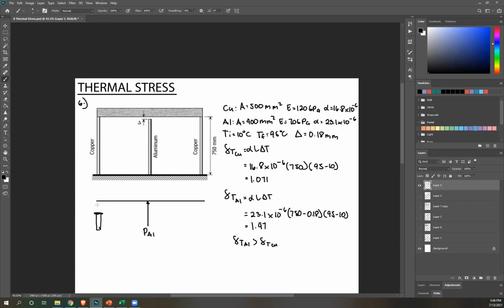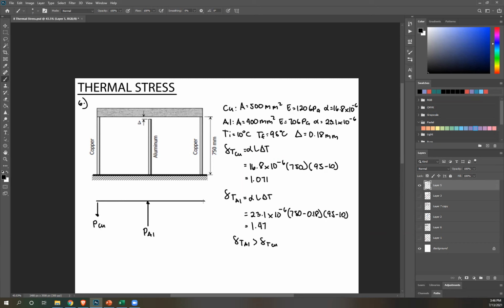Okay, so meaning since copper is already attached to the slab, since this is not enough, it creates a tension force downward. It's not supporting the slab anymore, it's pulling it downward because it doesn't deform enough.